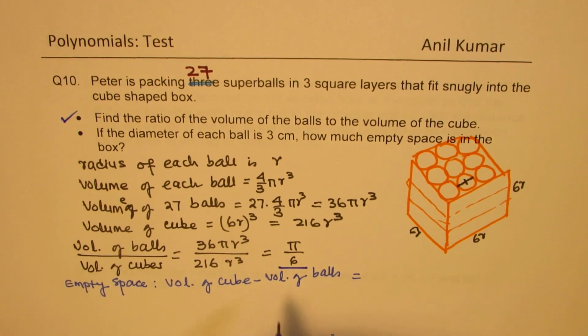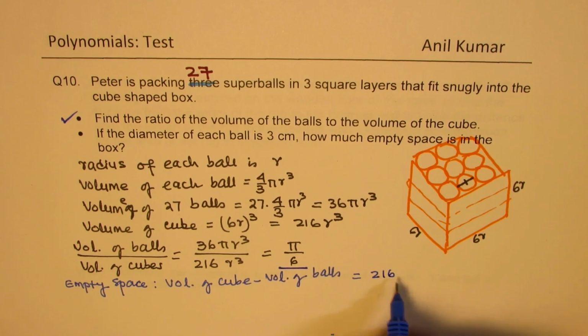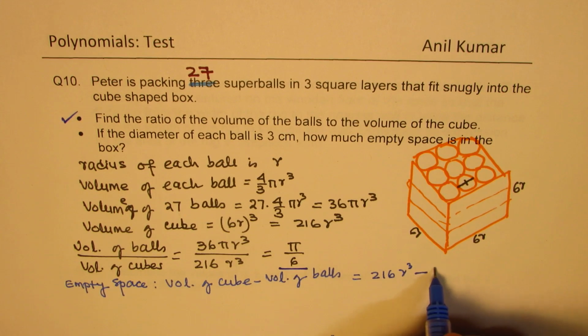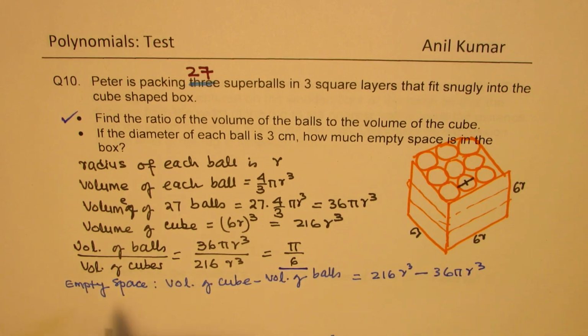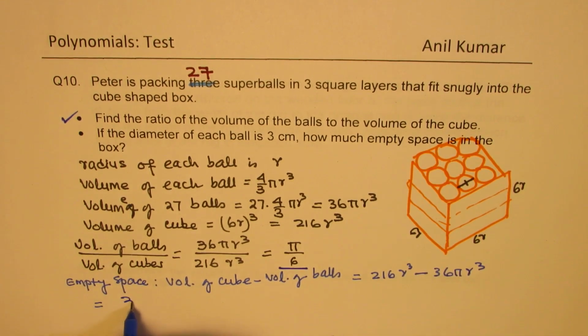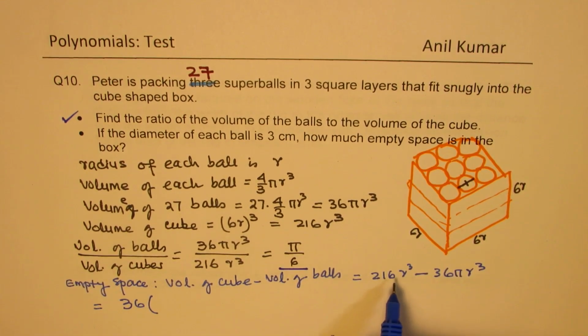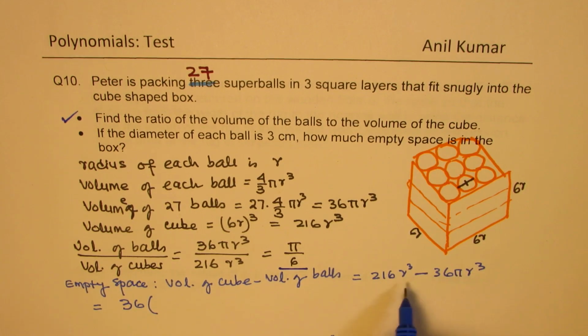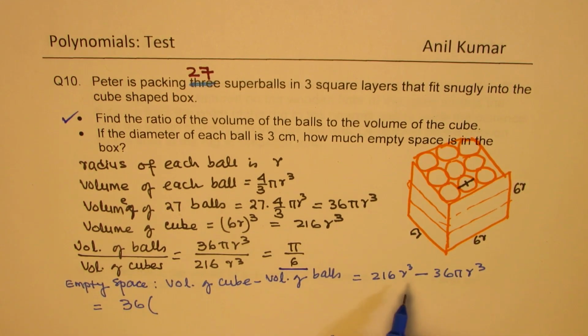So in our case, volume of the cube is 216 r cube minus 36 pi r cube, right? So let's simplify this. We can take 36 common.